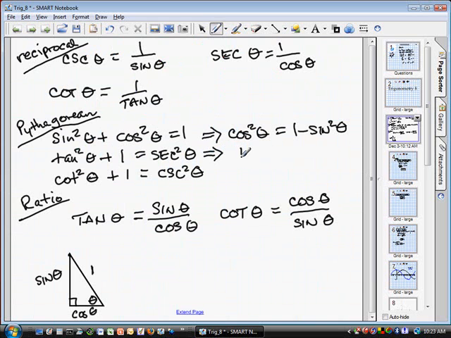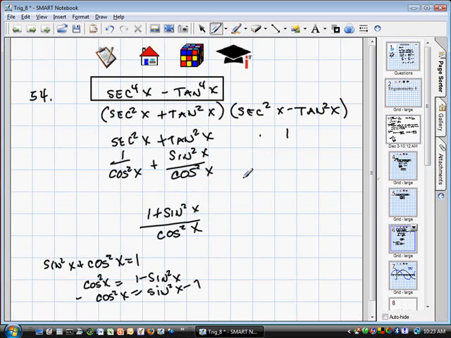Wouldn't it become, oh yeah, secant squared minus tangent squared is nothing more than 1. And so this is just a big fat 1. And that's why I don't have it listed up here. And so all I have is this left.